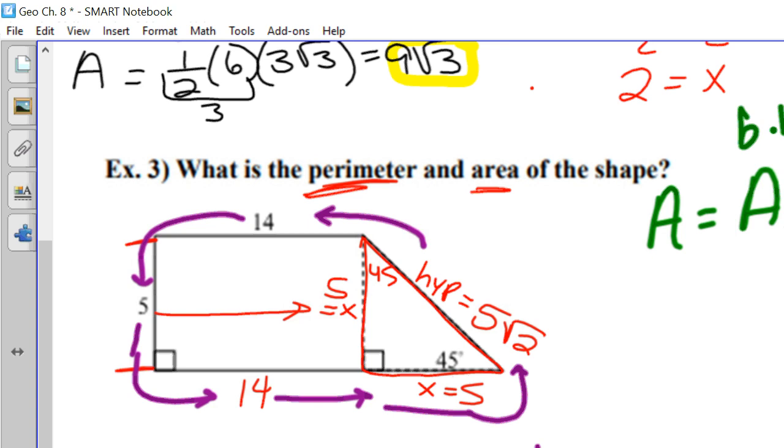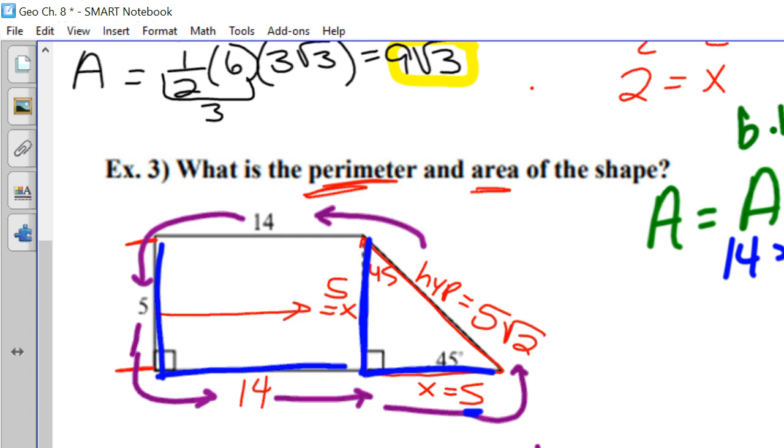Let's look at the rectangle first. That is 14 times 5. Okay, let's look at our triangle. The base of our triangle is 5, and the height of our triangle is 5.